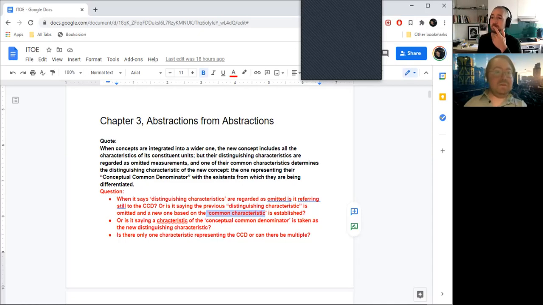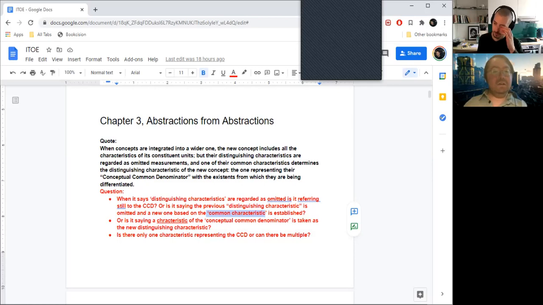So when concepts are integrated, a wider one, say dog into mammal. The new concept mammal includes all the characteristics of its constituent units. So let's say to go into a wider one, with dog and cat, it includes all the characteristics.